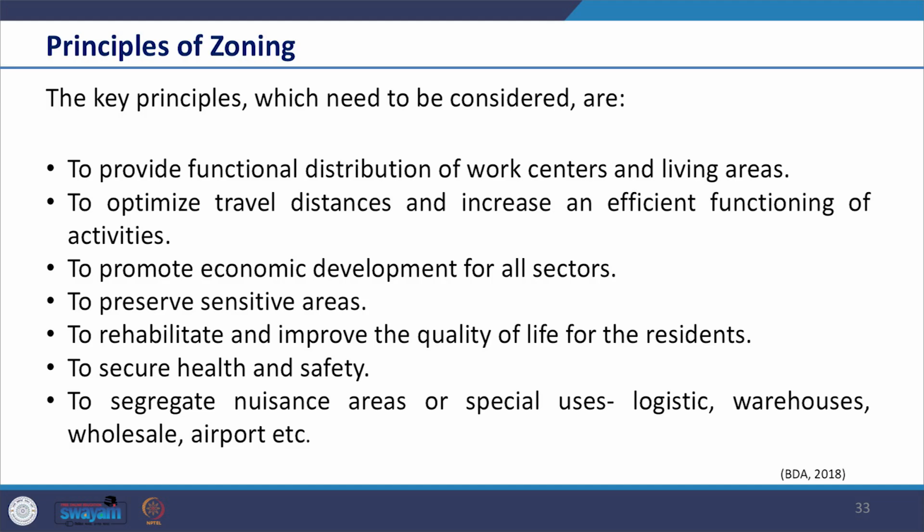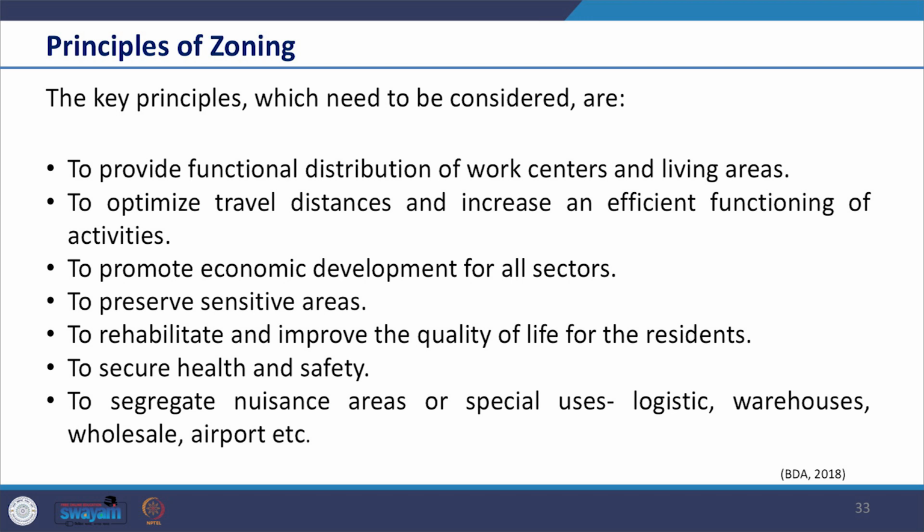So now, looking at the principles of zoning. The key principles which need to be considered are: one, to provide functional distribution of work centers and living areas, optimize the travel distance, you see how much we travel these days, and increase the efficient functioning of the activities.